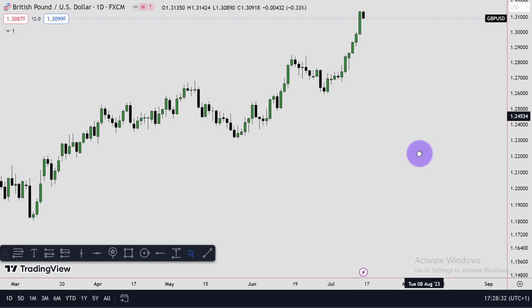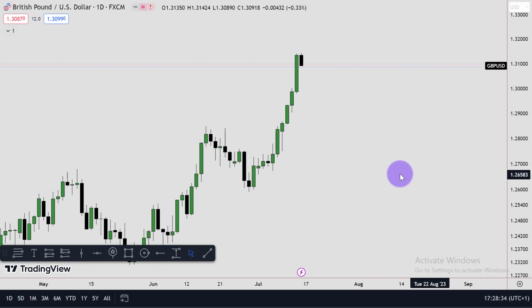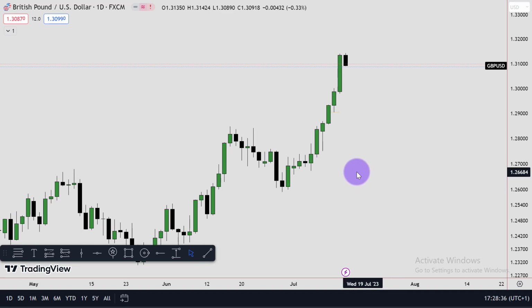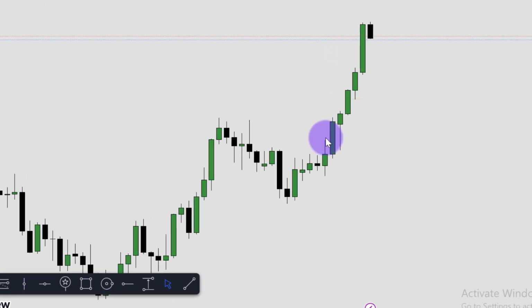And to know the current institutional order flow, we need to see the willingness of the daily time frame to keep taking out previous daily highs in a bullish institutional order flow, prior to an objective being met. An objective is a liquidity level, a draw on liquidity, whether the buy side liquidity pool or the sell side liquidity pool.